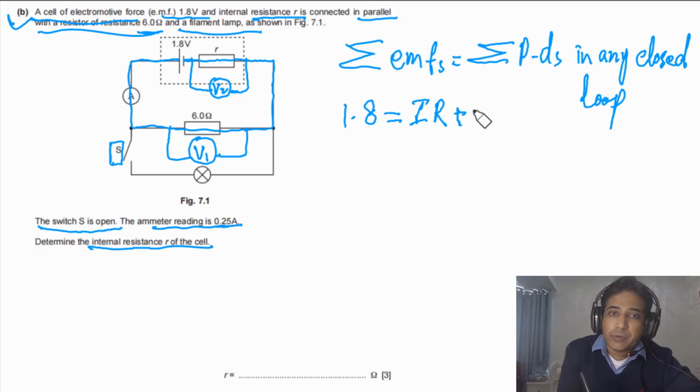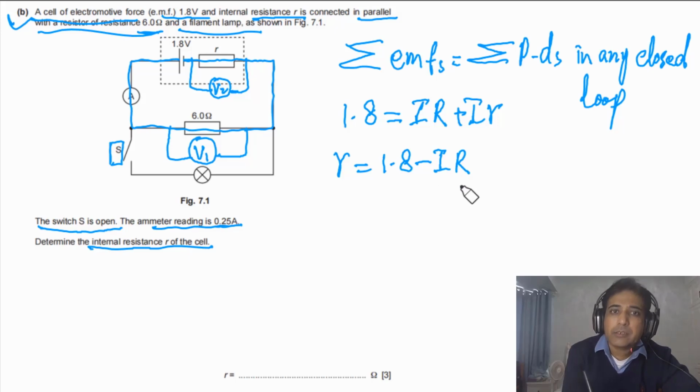So V2 will be equal to I times small r. We need to find the value of small r, so small r will be equal to 1.8 minus I times R, divided by I.